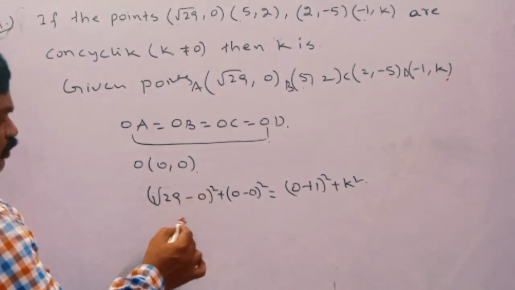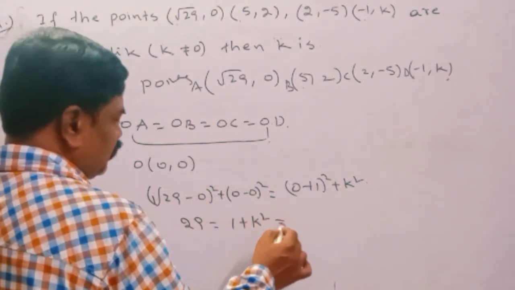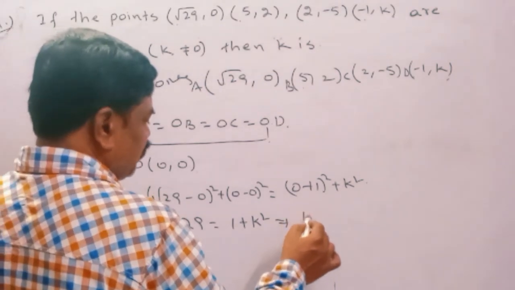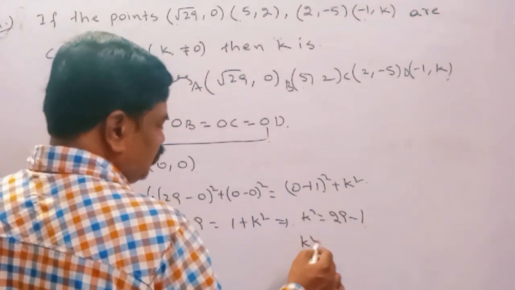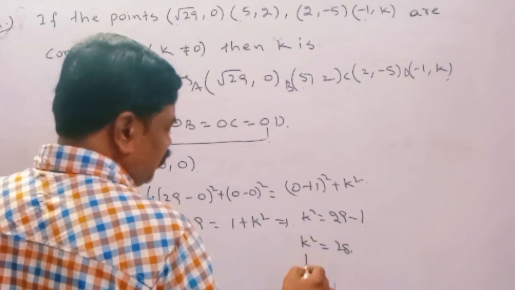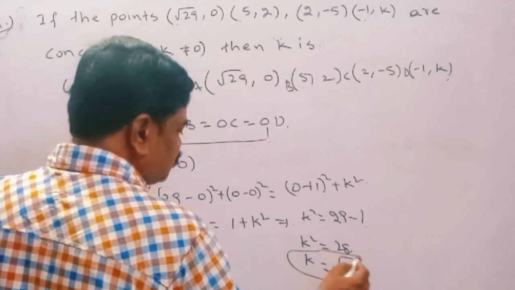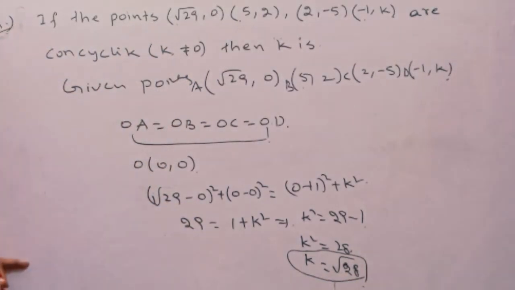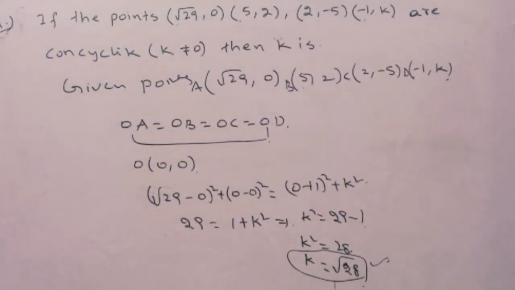So 29 is equal to 1 plus k square, which implies k square is equal to 29 minus 1, k square is equal to 28, so k is equal to root 28. Root 28 is the value of k.